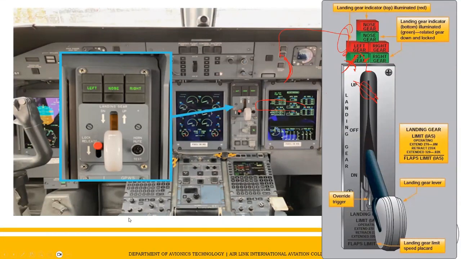Okay, kaya kung mapapansin nyo dito, sa image na yan, nag-illuminate siya. Okay. So, example, pag landing gear indicator button illuminated green, related gear down and locked. Ganun yung nangyayari.